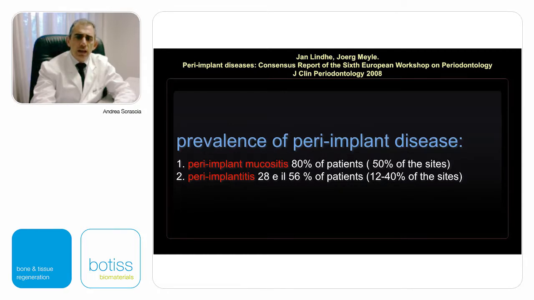Because we have to keep in mind that most of the treated patients, 80%, will experience peri-implant mucositis, and between 28 and 56% of our patients will have peri-implantitis.